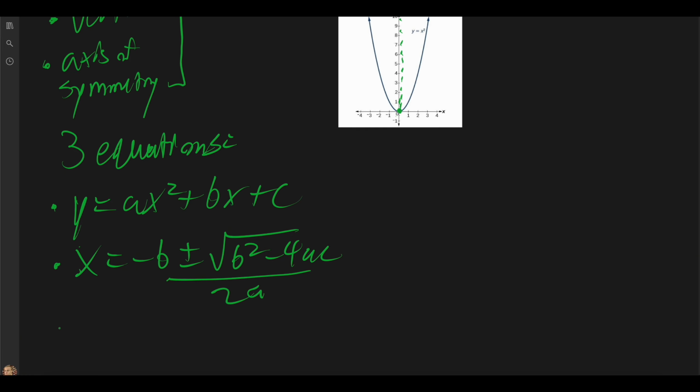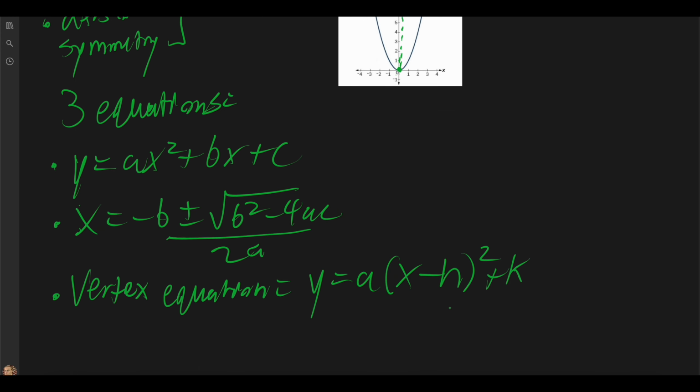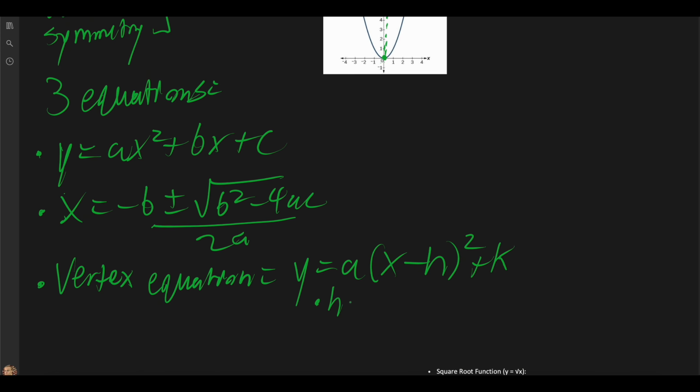And then finally, we have our vertex equation, which is denoted as y is equal to a(x minus h) squared plus k, where h and k represent the vertex.